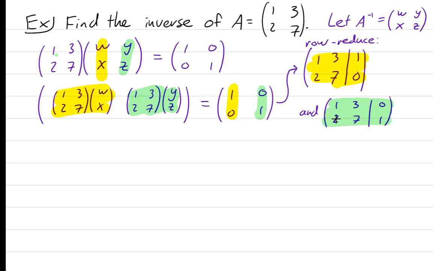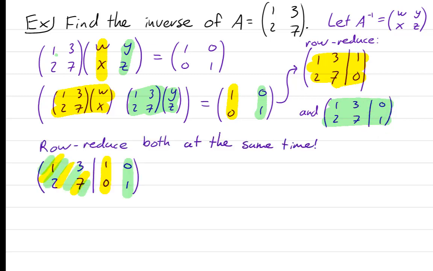So instead of doing it separately, why not just make an extra augmented matrix where we just have one 1, 0 column and then also a second 0, 1 column. So we get this extra augmented matrix here, and we can just row reduce each of them at the same time.